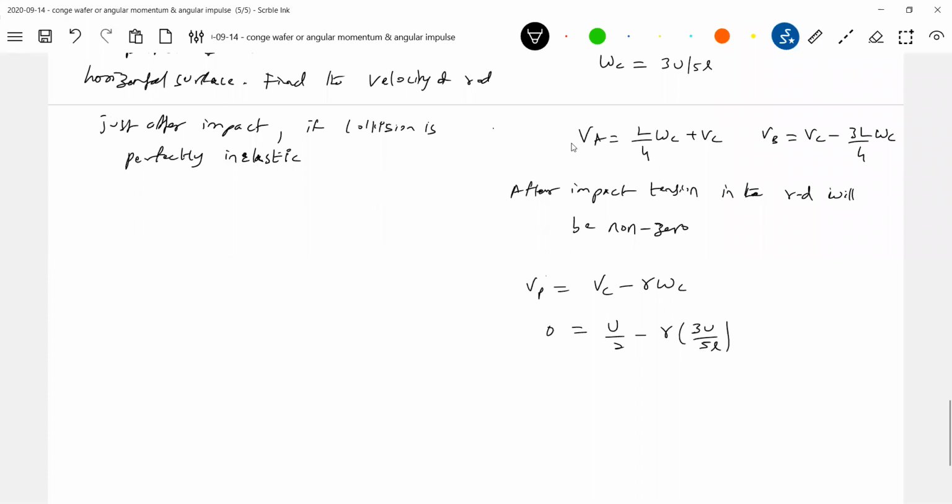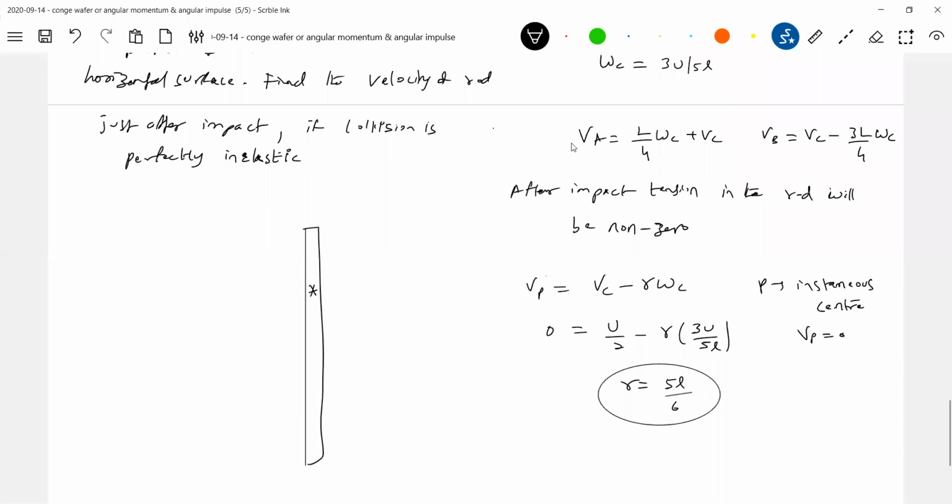a point which will be at rest. So what is point P? Instantaneous center. Vp should be 0. So solving this, R equal to how much will we get? 5L by 6. From where are you measuring this R? The next question comes from where you are measuring. So let me give a separate diagram.